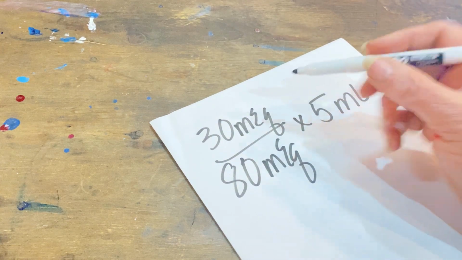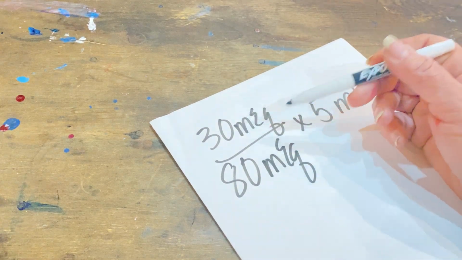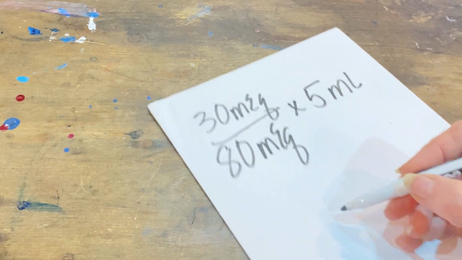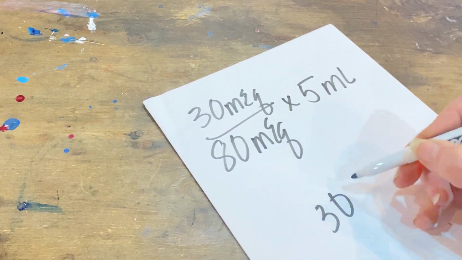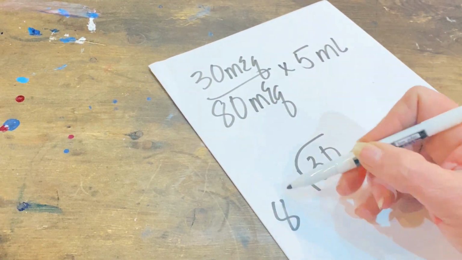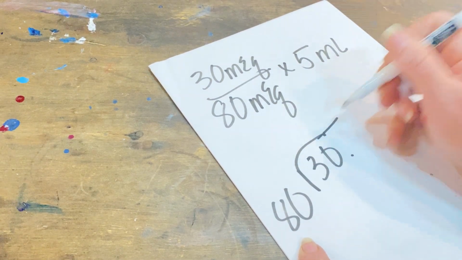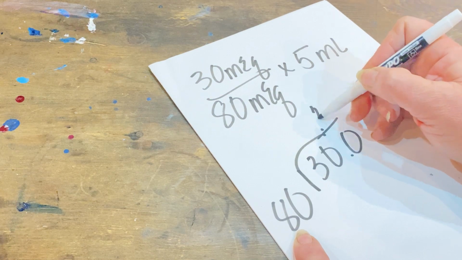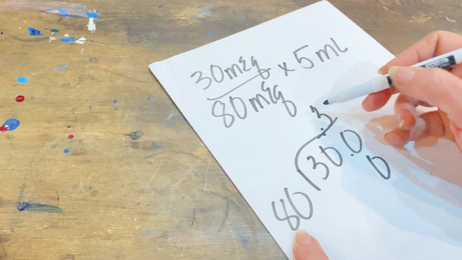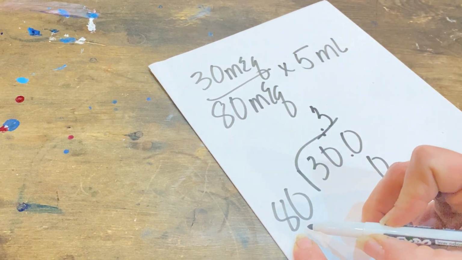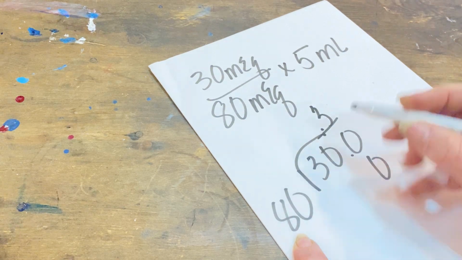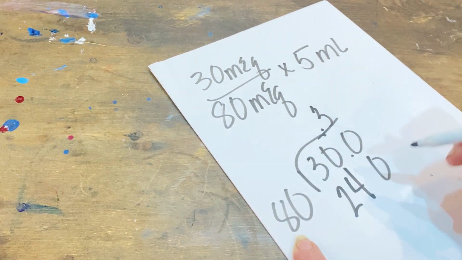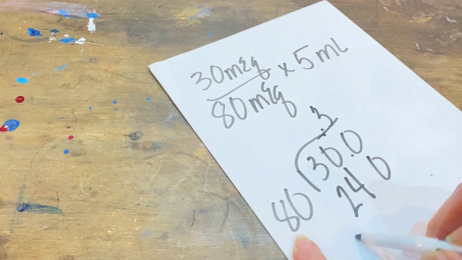So in your calculator, you're going to do 30 divided by 80. Okay? Let's see, 30. So 80 will go into that 3 times. I went blank there for a second.